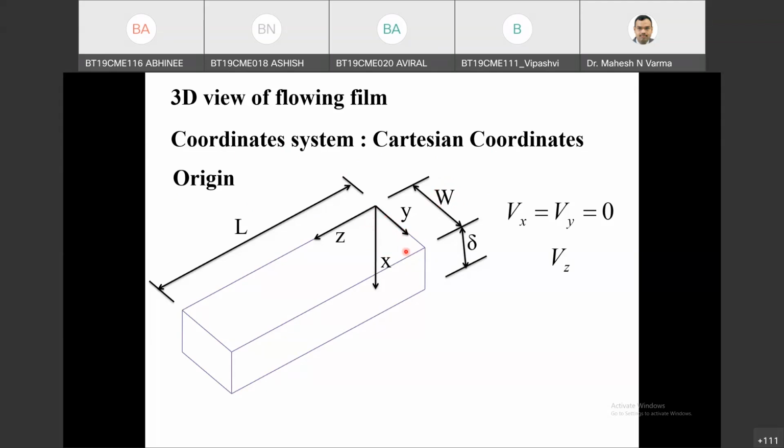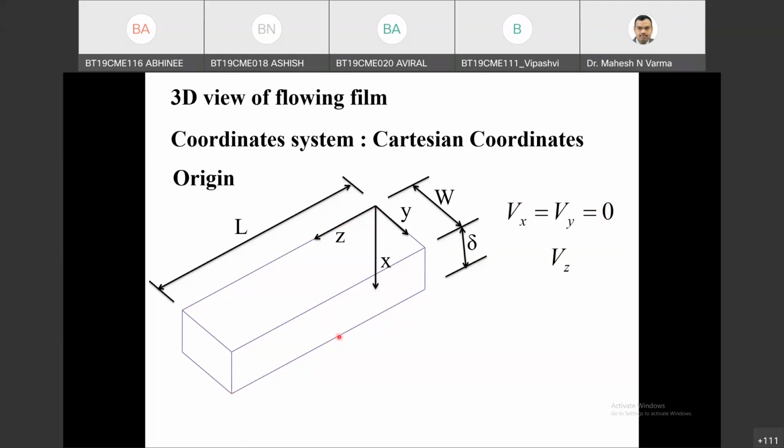Now you can see there is flow only in one direction, in the z direction. So Vx and Vy equal 0. Everybody got this? Vx means velocity perpendicular to the plate.